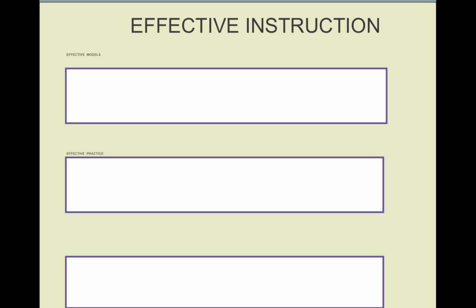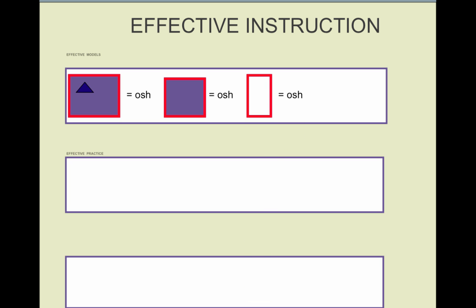So let's try this again. Here are some more examples. This is Osh. Here is Osh. This is also Osh. And this is not Osh.